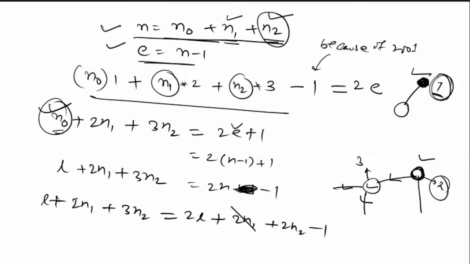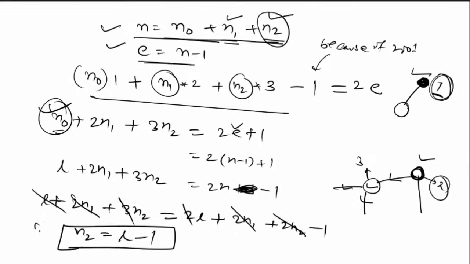So 2n1 cancels out, the l cancels out, and 2 and 2 cancel out this 3. So finally n2 is equal to l minus 1. This is the result that we were looking for.